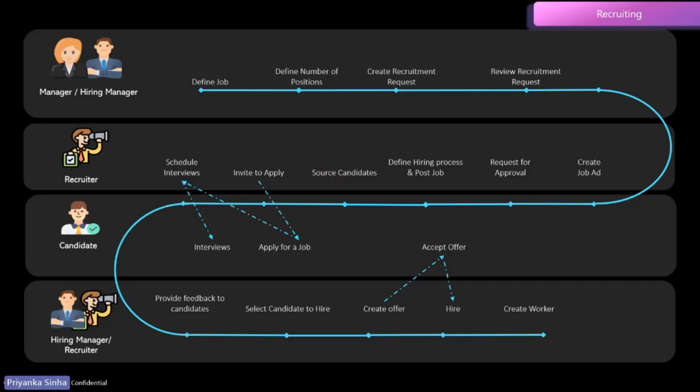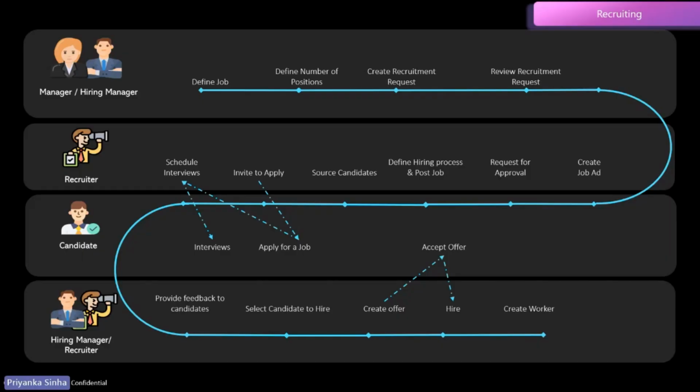It also enables automation, tracking approvals, and there are additionally many more features which are part of Dynamics 365 human resources. And this diagram depicts the end-to-end recruitment workflow, highlighting the key roles and steps involved in hiring.